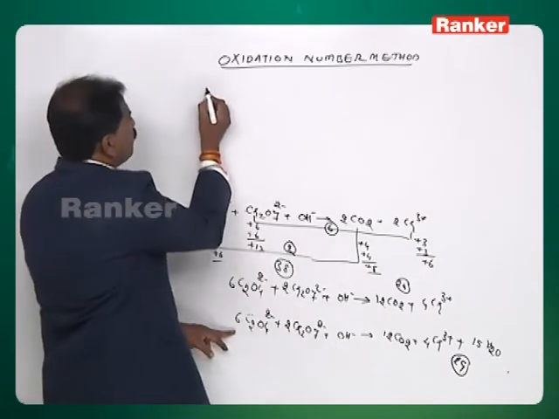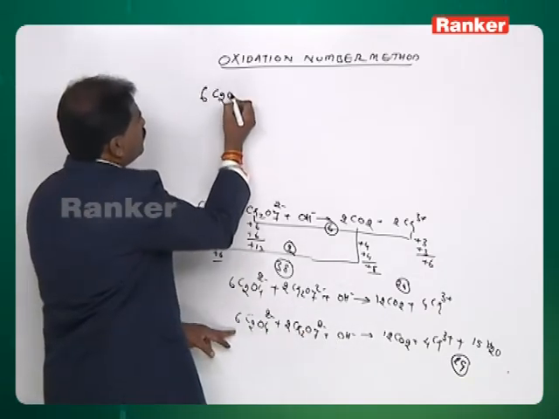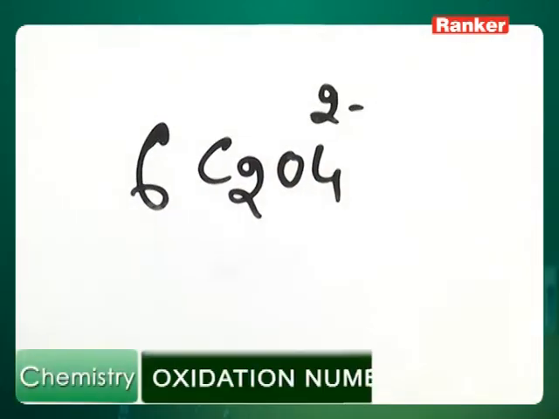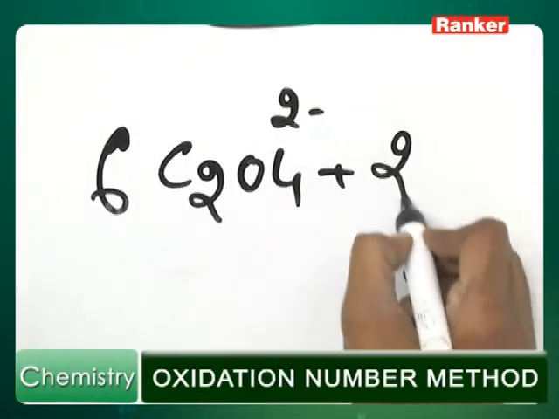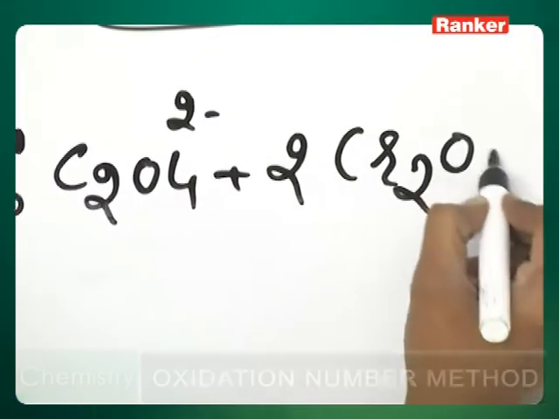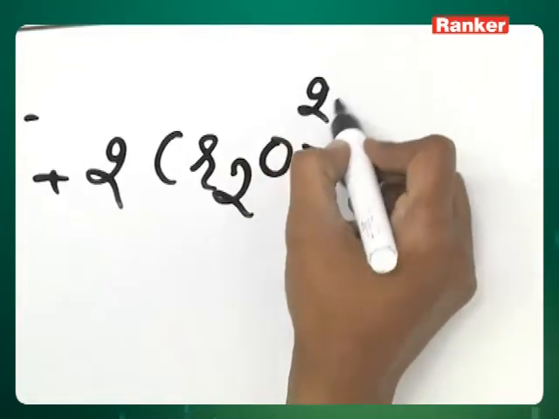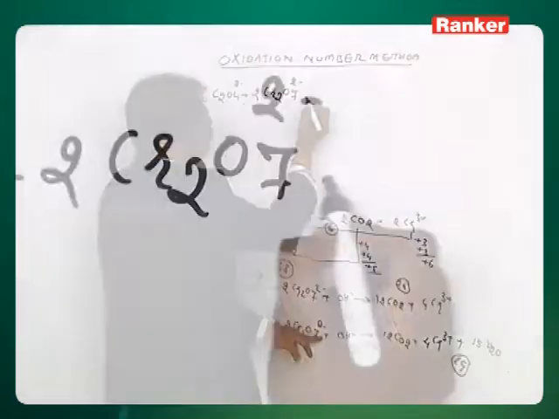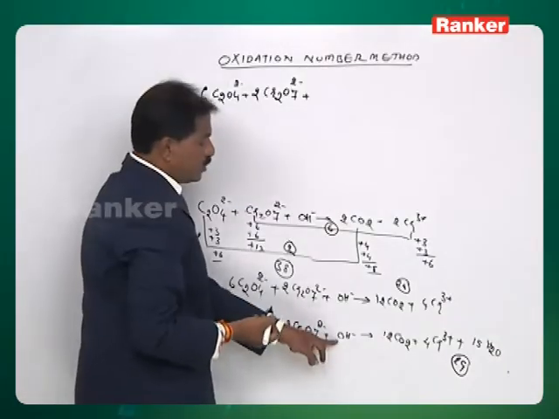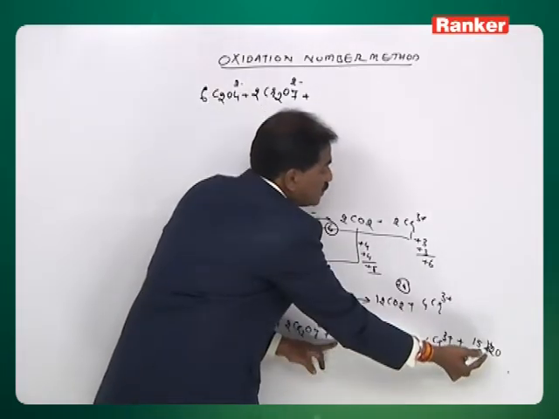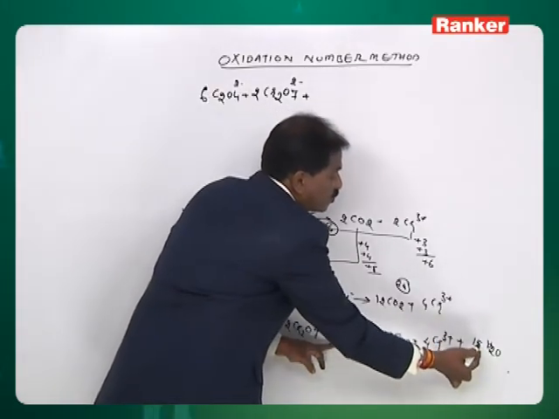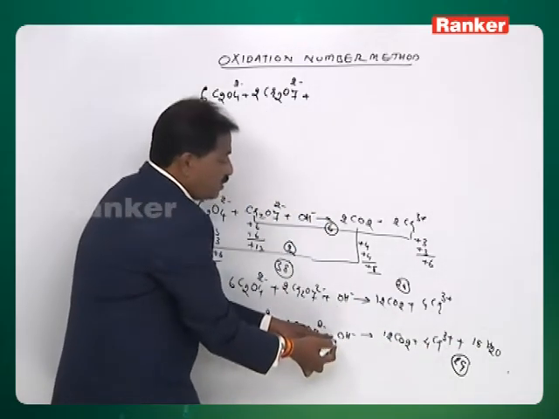Therefore here, this is the original reaction. 6 C2O4 2 minus plus 2 Cr2O7 2 minus plus here OH groups, here H2Os. This side extra hydrogens are present. This side we have to add the OH groups. This side we have to add the water molecules.